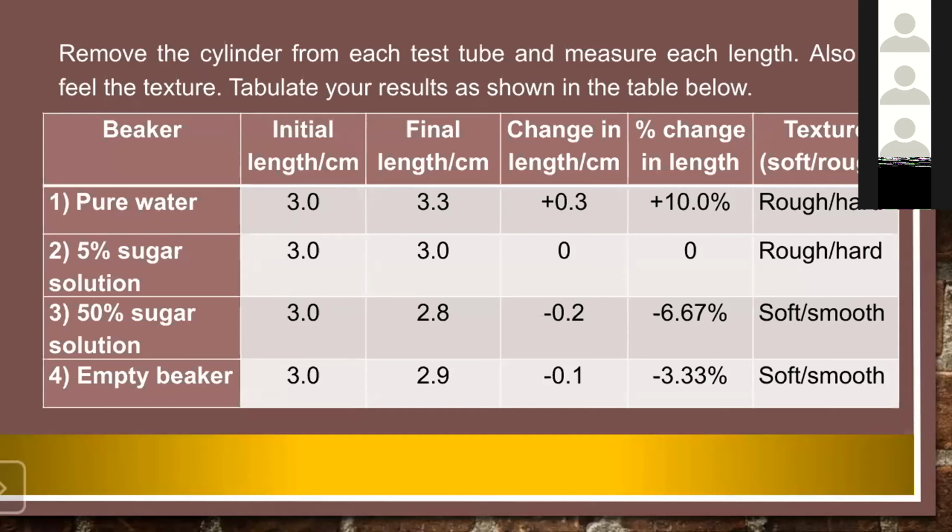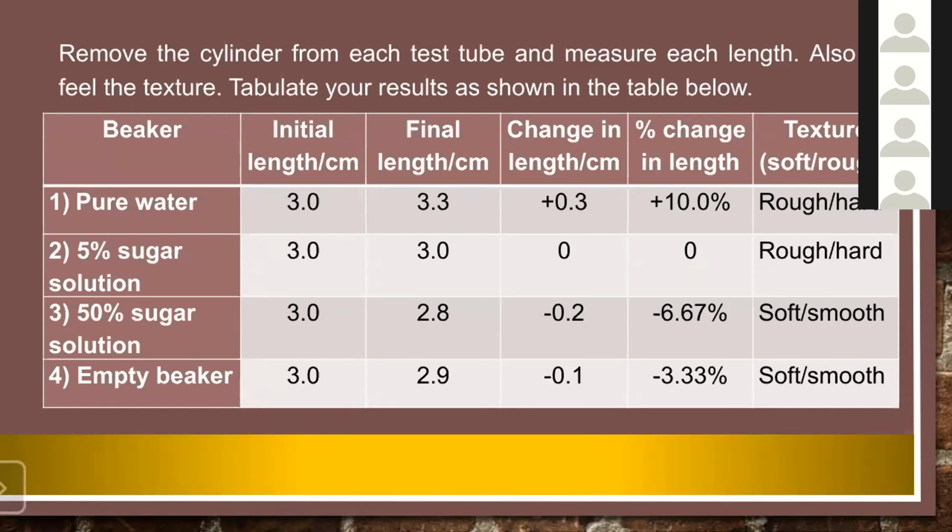Then in a hypertonic solution, that's 50%, it will feel soft and smooth. While in an empty beaker, it will also feel soft and smooth. In other words, a tissue that has lost water will appear flabby, and the cells will appear flaccid.